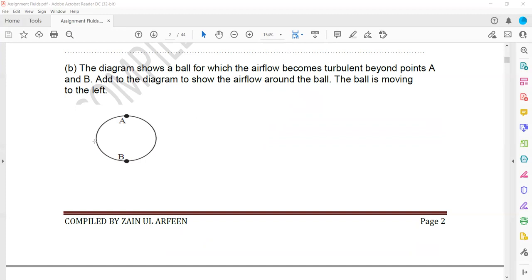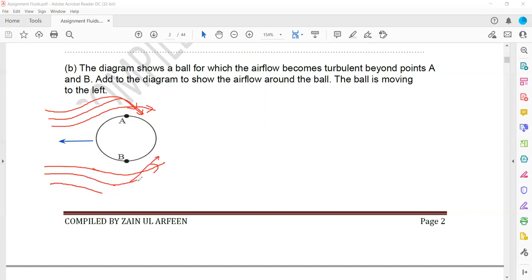So if the ball is moving towards the left, the direction of the fluid will be opposite, so the airflow will be towards the right. First it is laminar, but after that the eddies cross each other, so it will become turbulent.